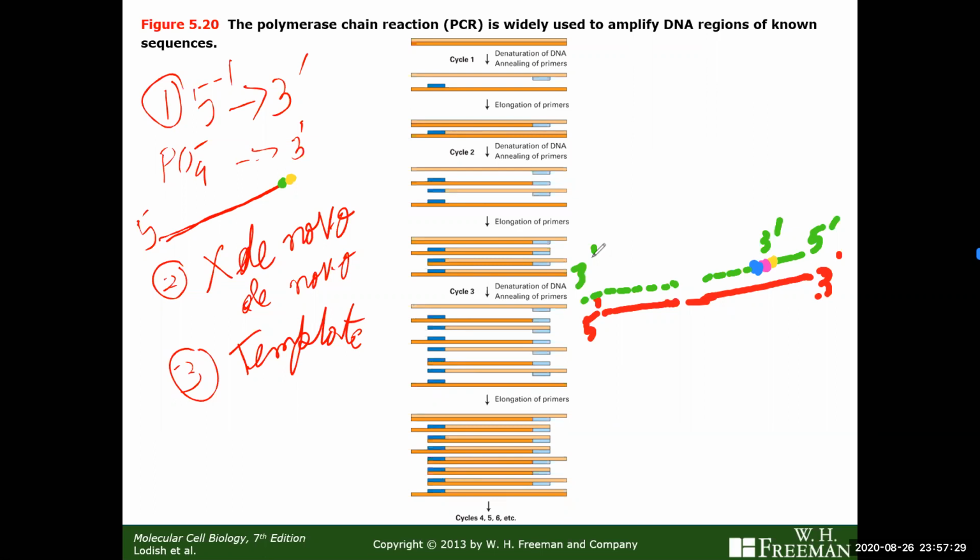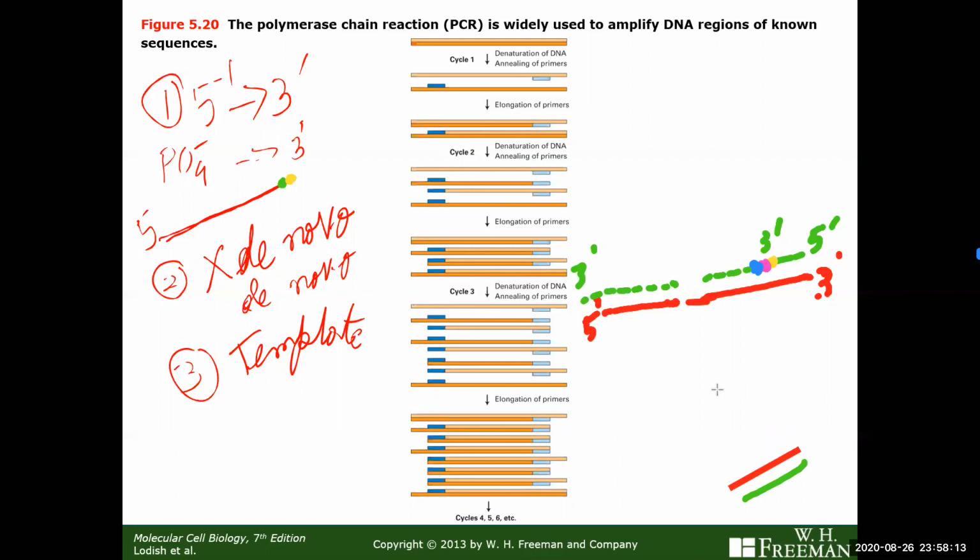You will take a double-stranded DNA, then you denature them.